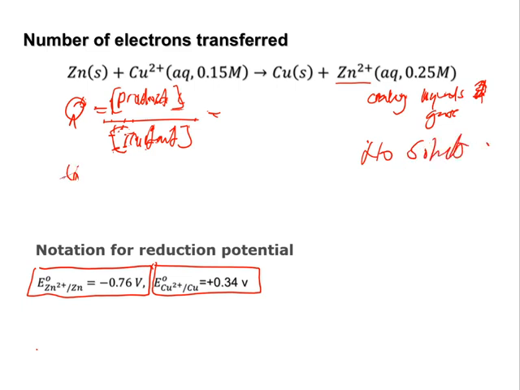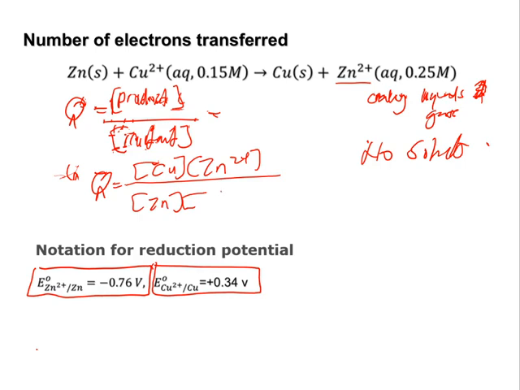So from this point, we can say Q is equal to the concentration of the products, which is copper, times the concentration of zinc 2 plus, divided by the concentration of zinc times the concentration of copper 2 plus.